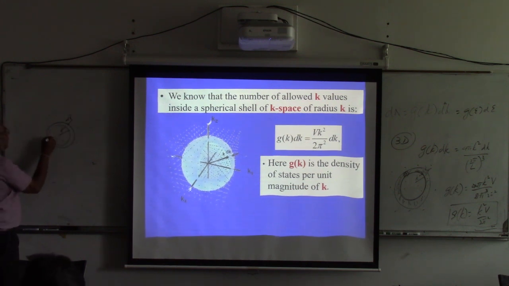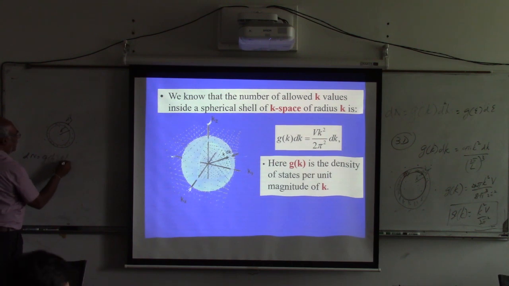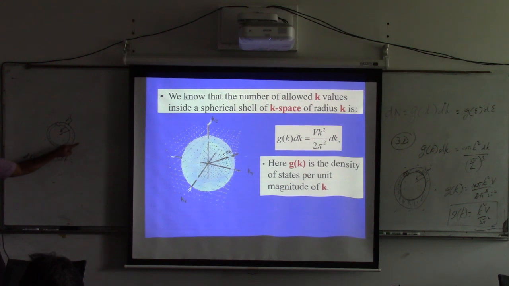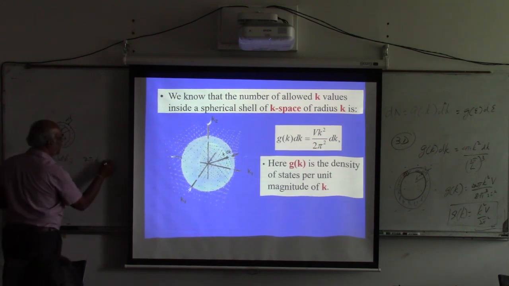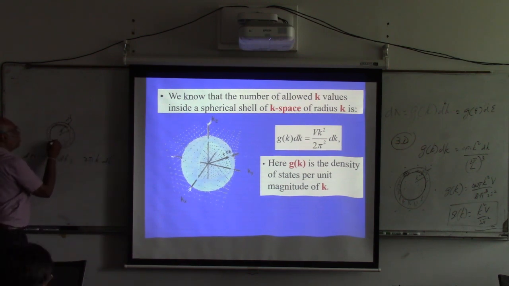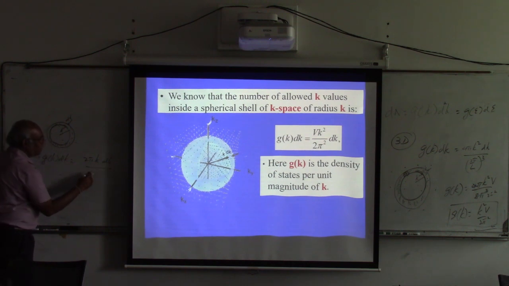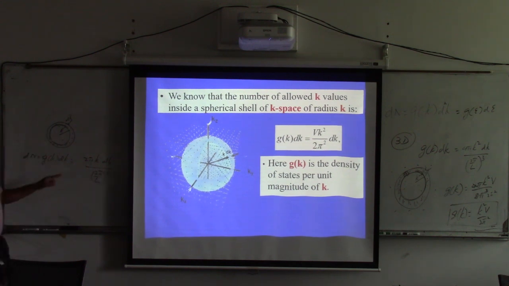Looking at the number of states here, I can find dn, that is G(k) dk. What is that? 2 pi k times dk, that's the total area, right? Divide by (2 pi over L) squared, yeah, square, right?